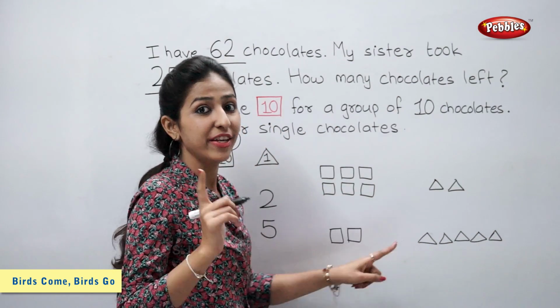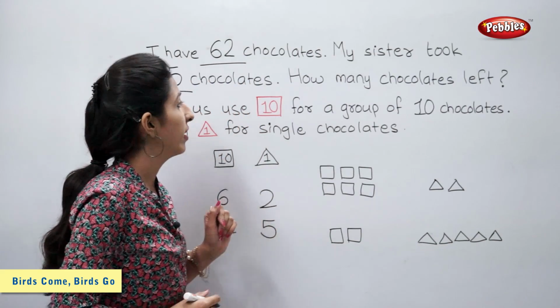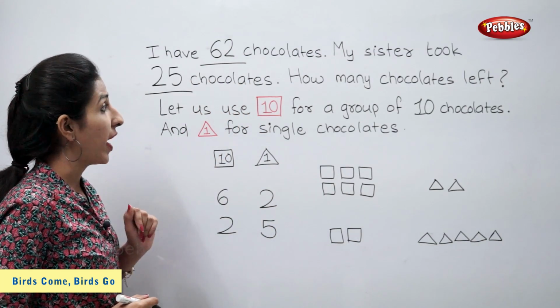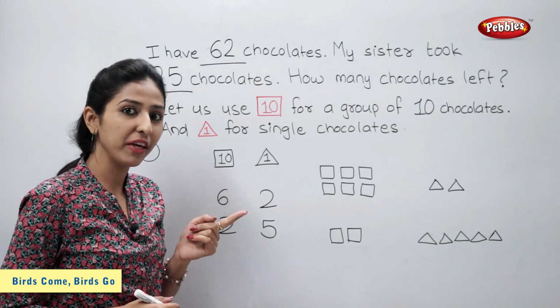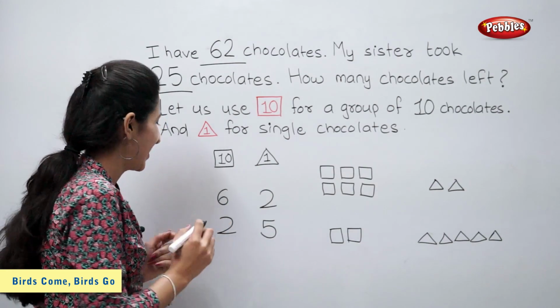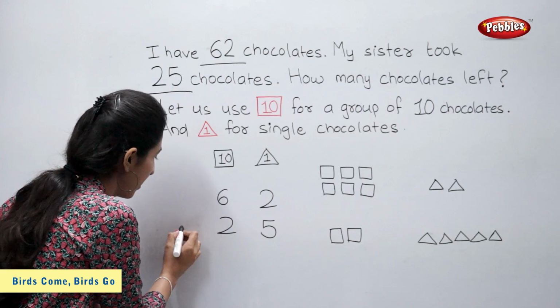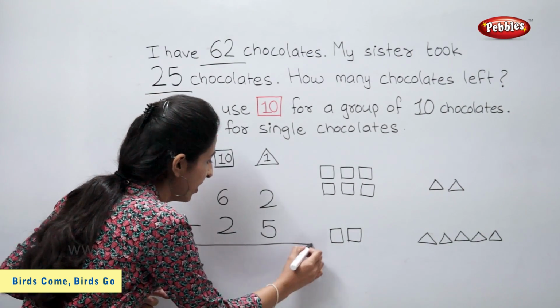Now we have to find the number of chocolates left with me. So we will have to subtract. 62 minus 25.